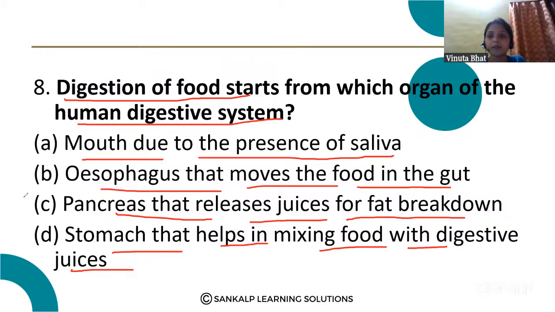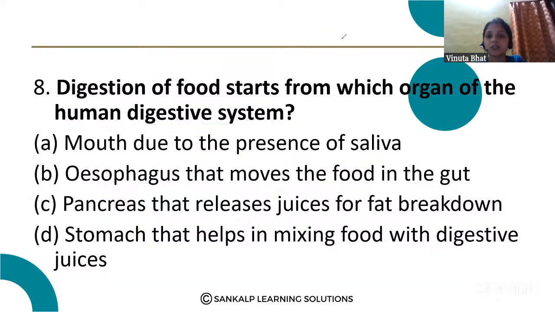Here, in the human digestive system, where does the digestion begin? Just imagine this is the mouth, then it moves into the esophagus, then into the stomach, from the stomach to the small intestine, then into the large intestine.